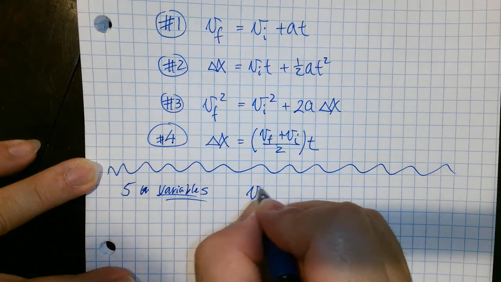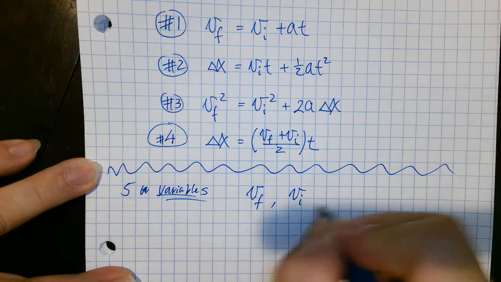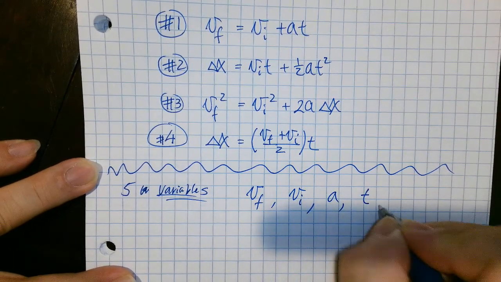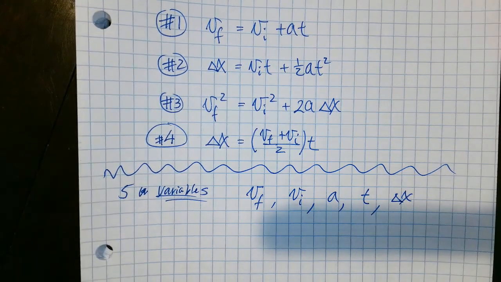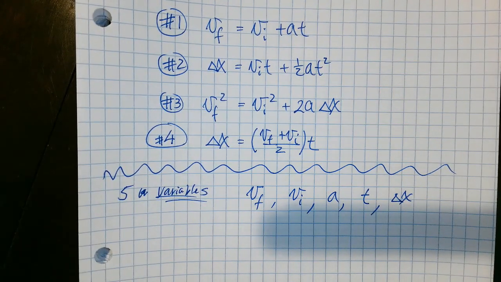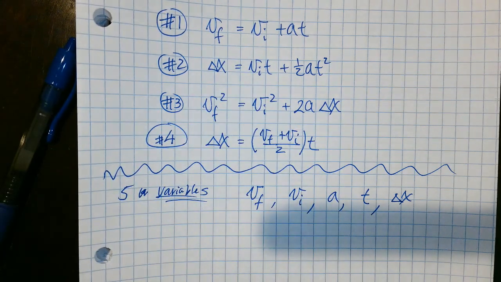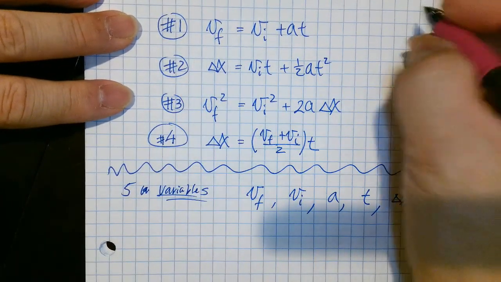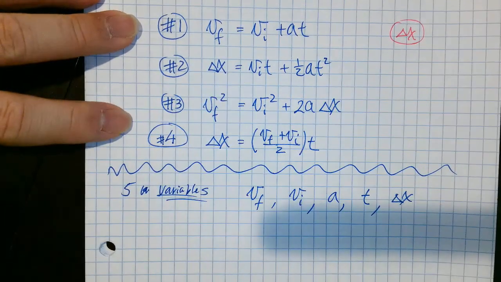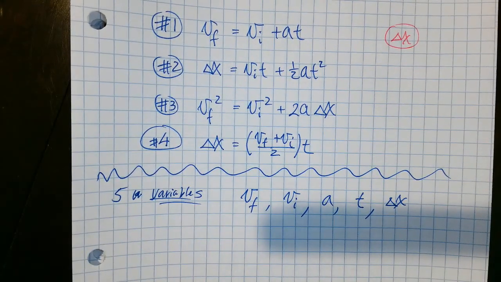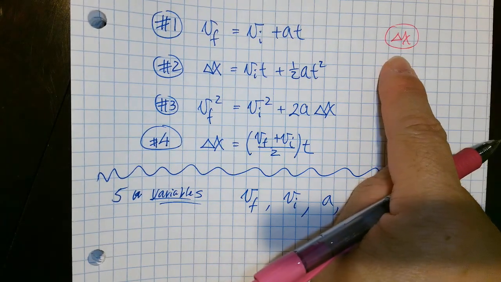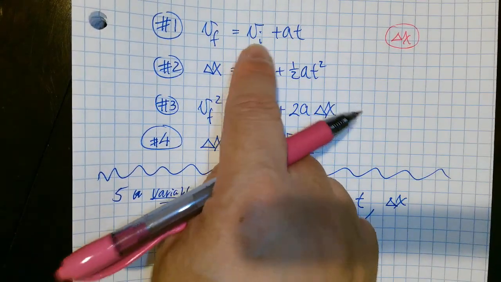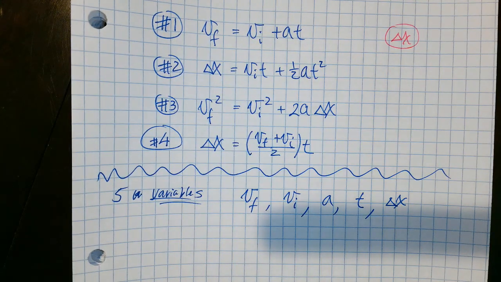That is VF, VI, A, T, and delta X. And each of these equations only has 4 variables. So for example, the first equation, we are missing delta X. So when you are reading a problem and they don't say anything about delta X whatsoever, but they give you 3 out of these 4 variables, then you use equation number 1.